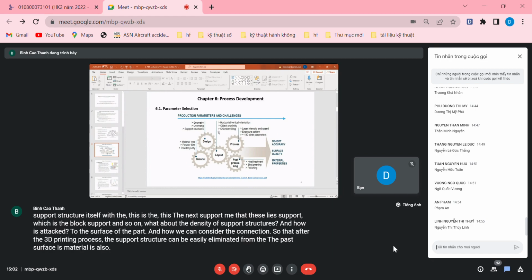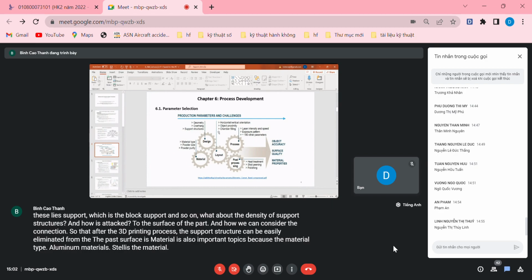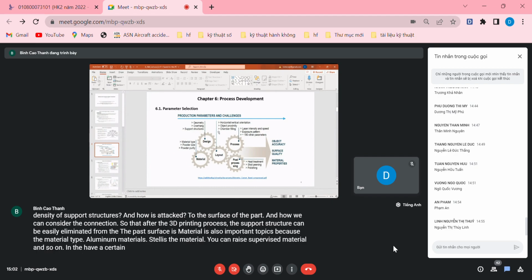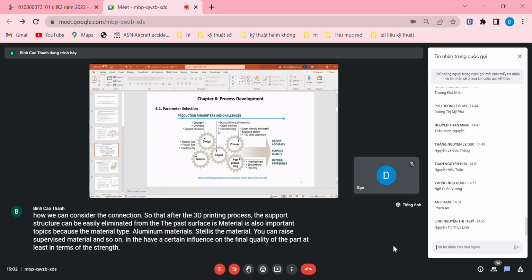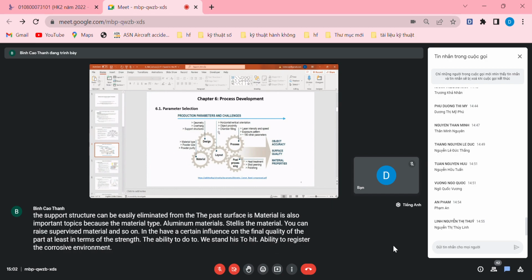Material is also an important topic, because the material type, aluminum, stainless steel, nickel-based superalloys, and so on, will have a certain influence on the final quality of the part, at least in terms of the strength, the ability to withstand heat, and the ability to resist corrosive environments.